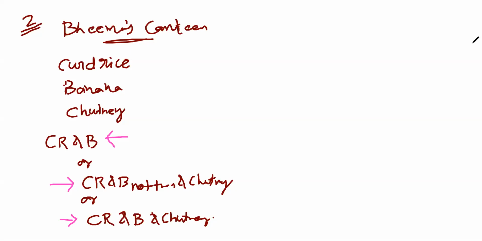So what expression will I give to this? Y is equal to, let's take these variables as A, B, C. You will write A or B or C. A is curd rice and banana. So you asked that hotel fellow to give me curd rice and banana, or curd rice with chutney and banana not there, okay for me, or curd rice with banana, if chutney also is not there, it's okay to me.